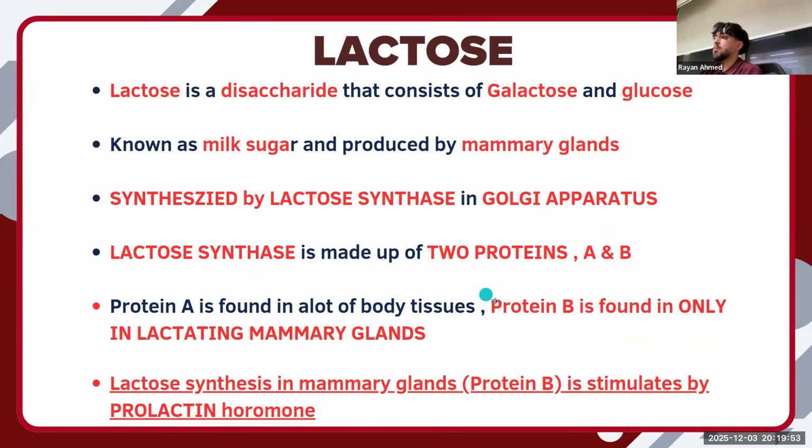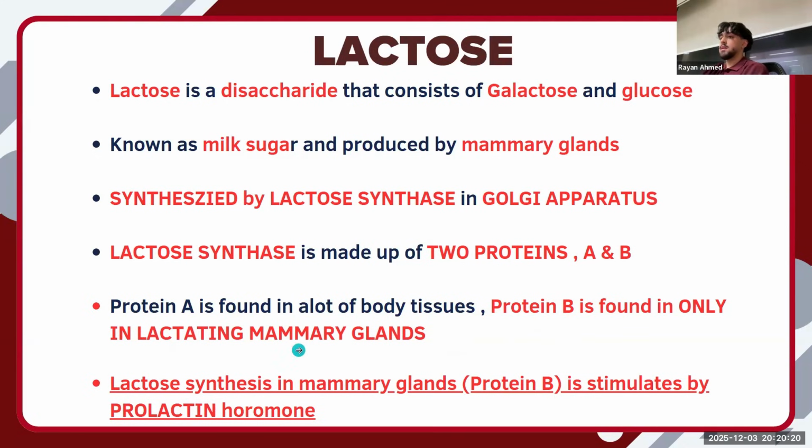Now, protein A, which is the first lactose synthase A, is found in a lot of body tissues, but only protein B is found in only lactating mammary glands. That is where it is known as a milk sugar, and only protein B. They might ask you a question about the differentiation. Protein A is found in a lot of body tissues, while protein B is found in only lactating mammary glands.